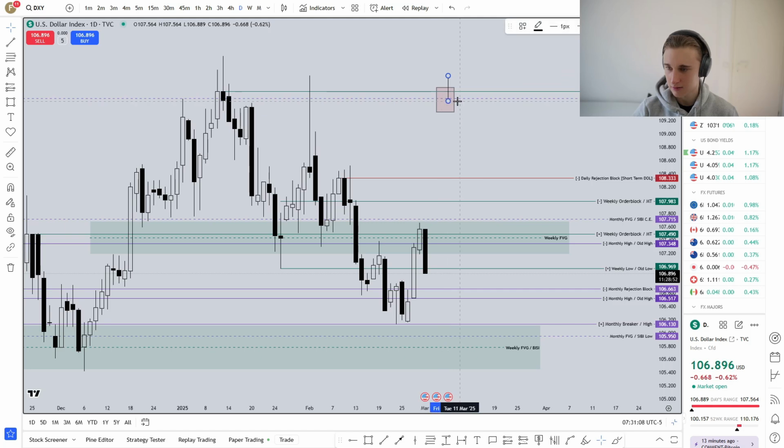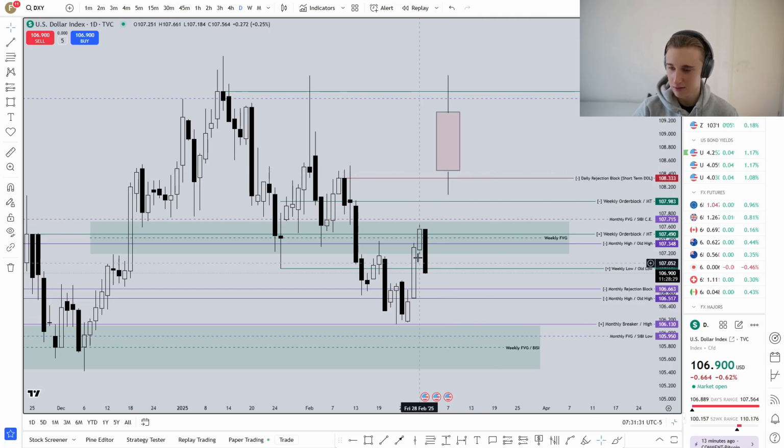Then we trade lower into a discount and market starts to distribute orders. And then we get a wick to the downside and then the candle pulls back. So this is how a typical monthly candle would form.